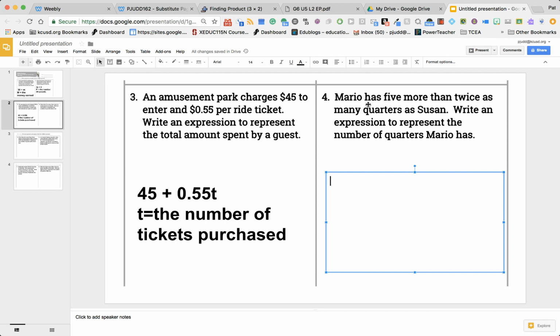And then he also has 5 more in addition to the twice as many quarters as Susan has. So again, when you see 5 more than, and then they give you the rest of the expression, this 5 is going to be added onto the first term that you write in your expression. And that's going to be twice as many quarters, or 2Q.